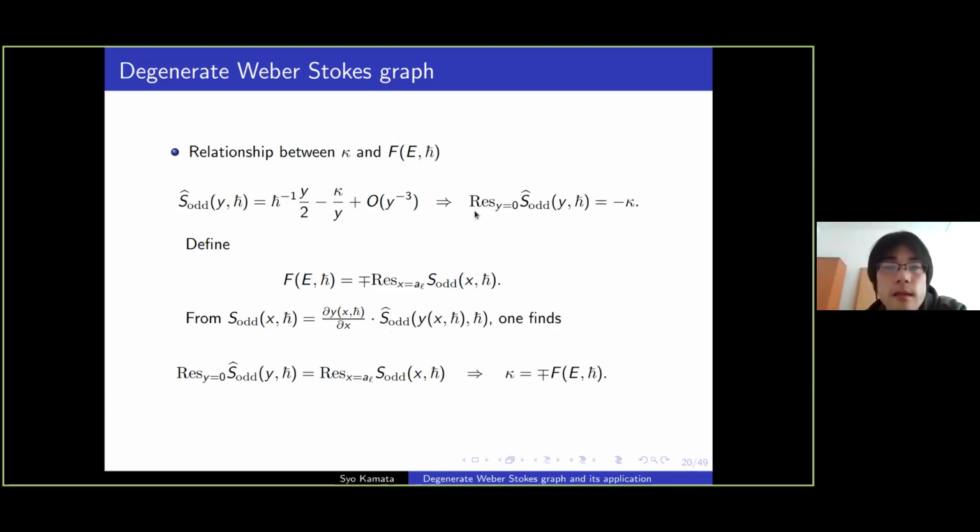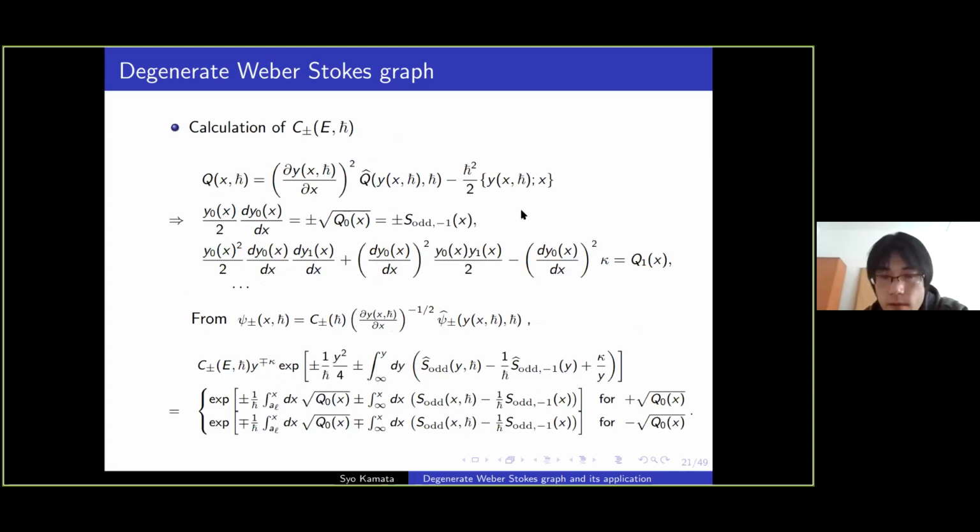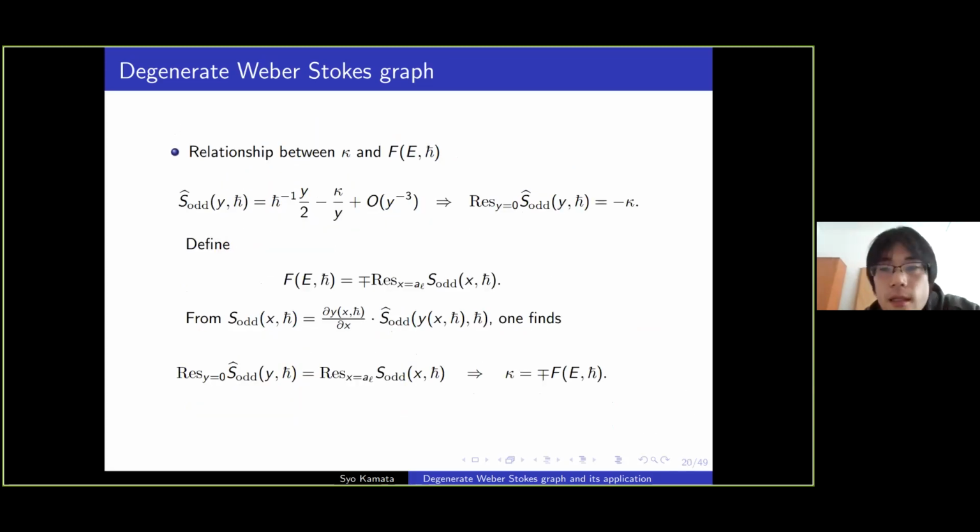And if you take the residue integral around Y equals 0, actually this gives kappa minus kappa here, because now this Y is the numerator. And also this gives basically 0 under this residue integration.